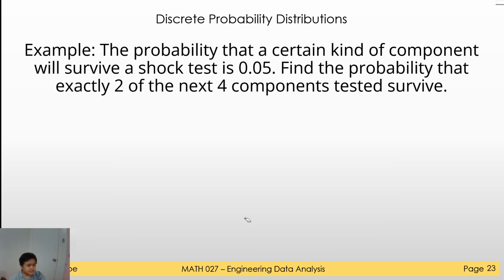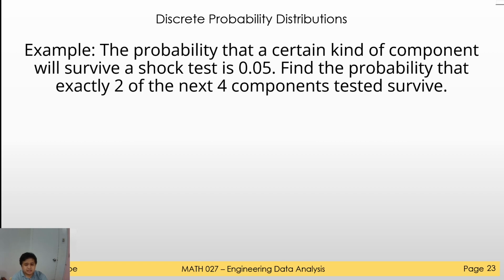Let's have this case. The probability that a certain kind of component will survive a shock test is 0.05. Find the probability that exactly 2 of the 4 components tested survive. So you only have a 5% chance of succeeding in this shock test, and we want to know the probability that exactly 2 of the 4 components will survive.